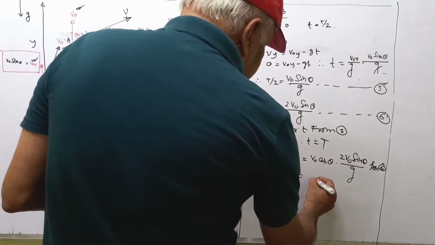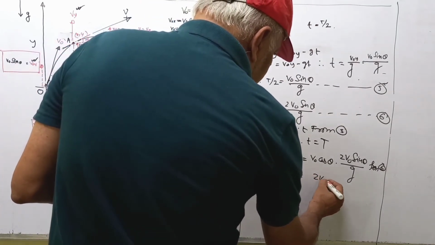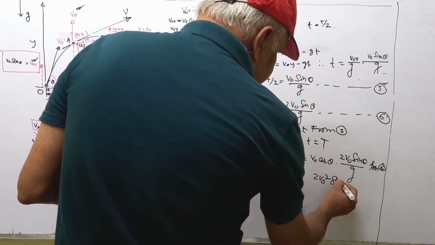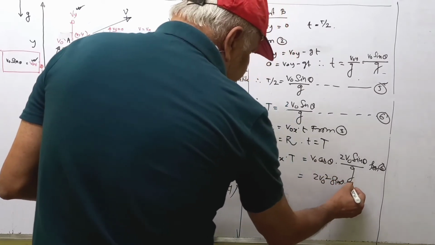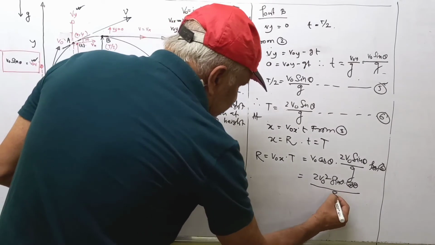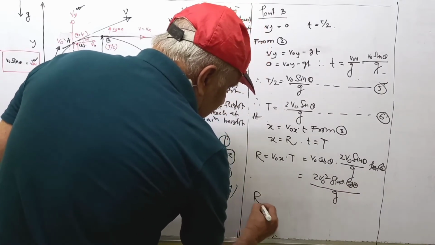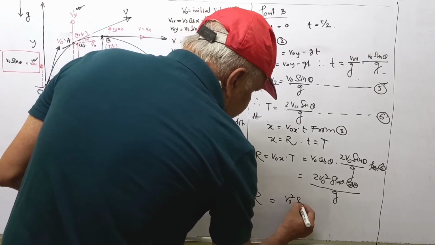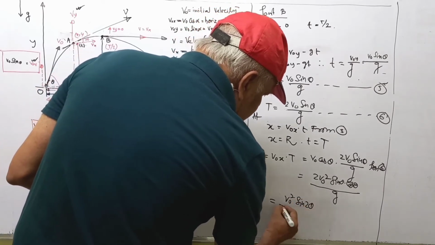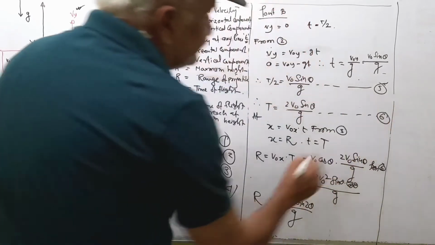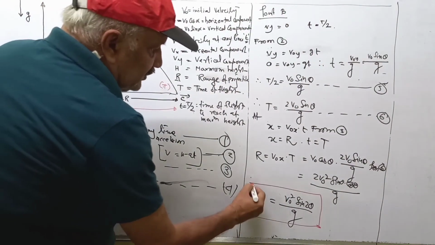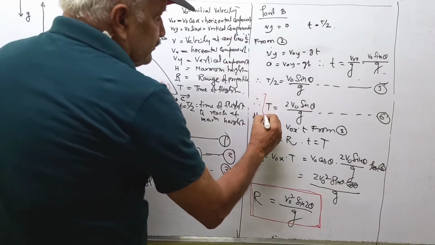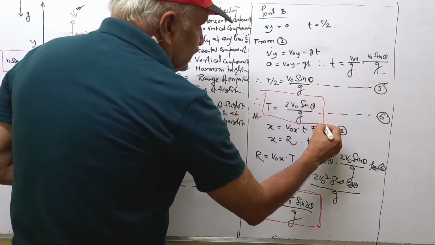Hence we are getting 2 v0 square sin theta into cos theta by g. That means r equal to v0 square sin twice theta by g. This is my r, this is my t.